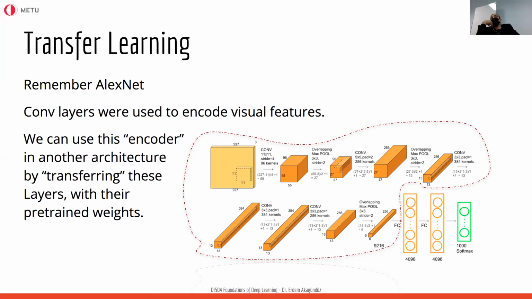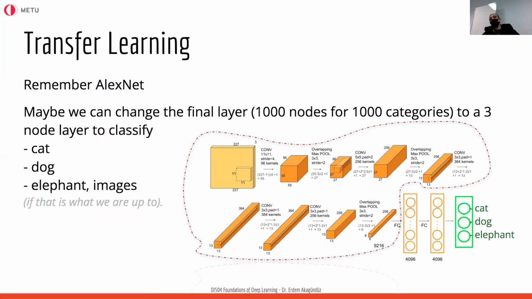Imagine I need a network where I'm going to do another type of classification. Only 3 classes: cat, dog, or elephant. I'm trying to build a simple system for a zoo. Whatever, it's a toy example. The features you need to detect a cat or a dog or an elephant already exist in AlexNet.